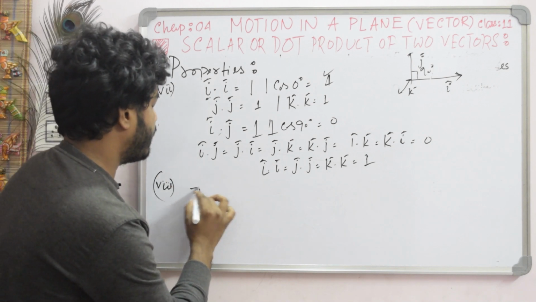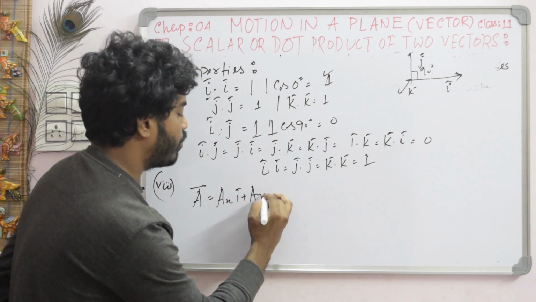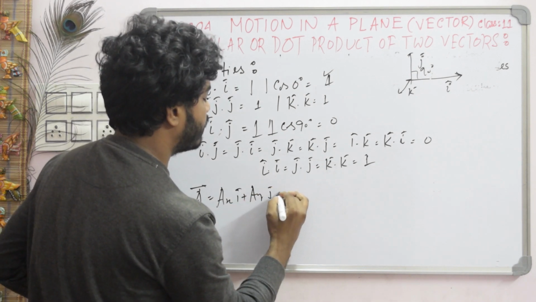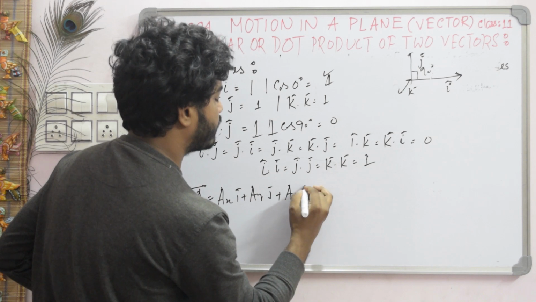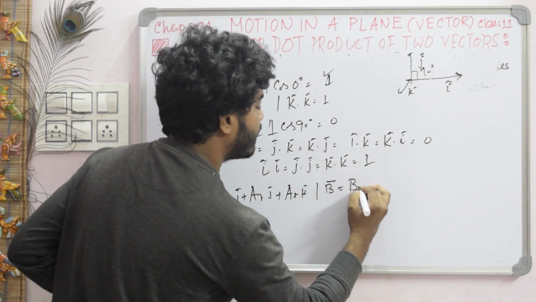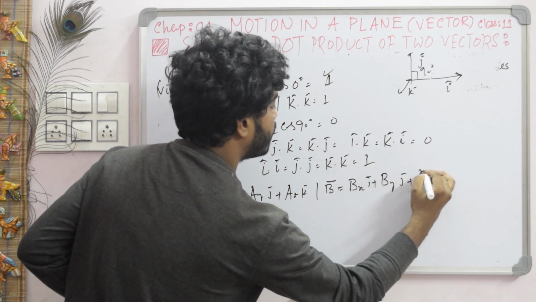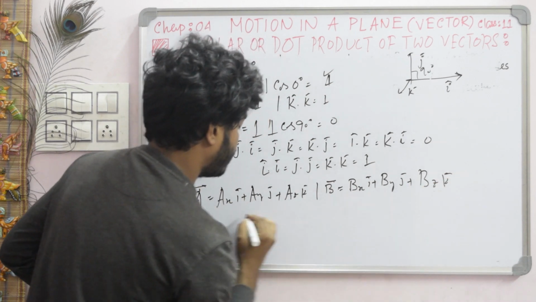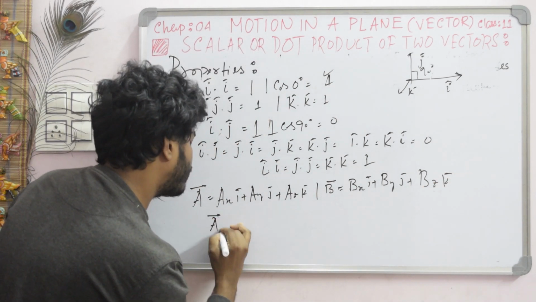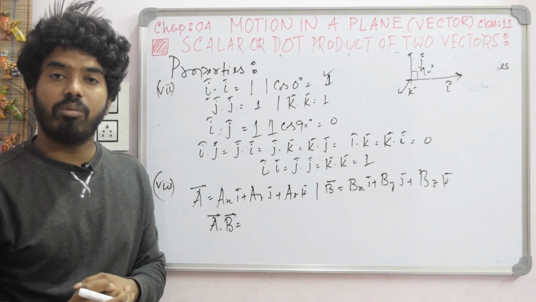Suppose vector A equals ax i cap plus ay j cap plus az k cap, and vector B equals bx i cap plus by j cap plus bz k cap. Now you have to find A dot B. What will be the answer?